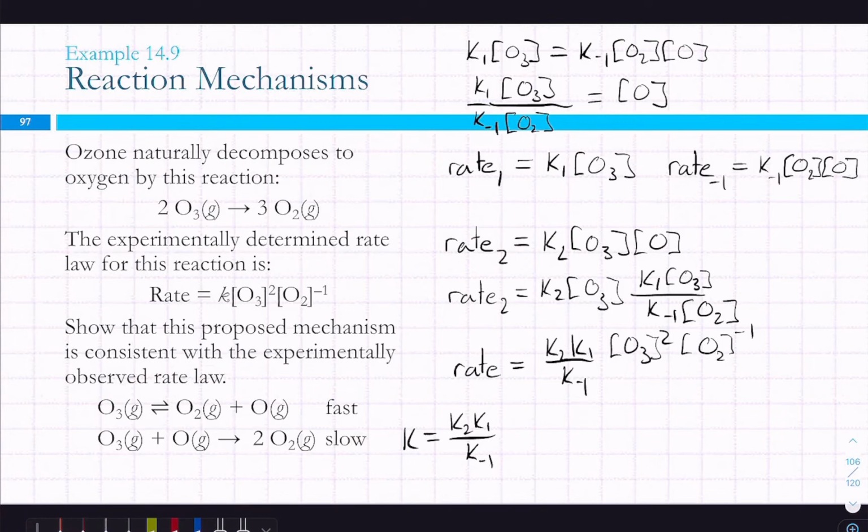So if this first step is in equilibrium, remember Le Chatelier's principle? If we were to add more oxygen to this reaction, it'll push the equilibrium of that first fast step back to ozone. So by adding oxygen, it slows down our fast step, which is feeding into the slow step, and would have a negative effect on the rate.